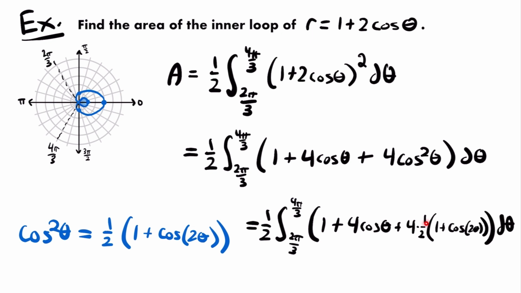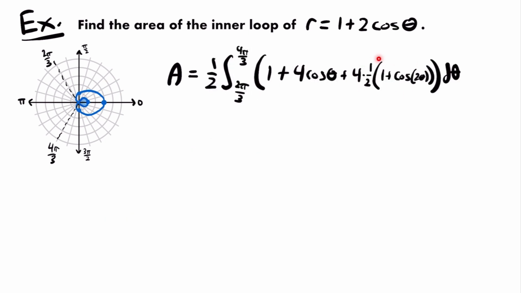All right, so we just replaced cosine squared theta with this identity 1/2 times 1 plus cosine of 2 theta. So now let's simplify this a little bit. 4 times 1/2 is 2.